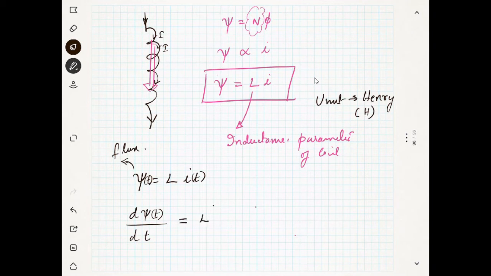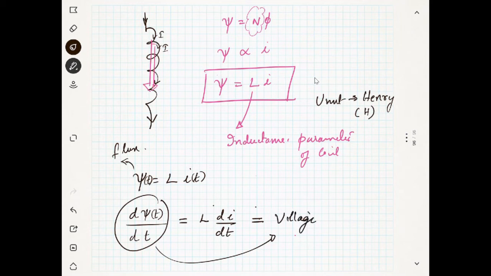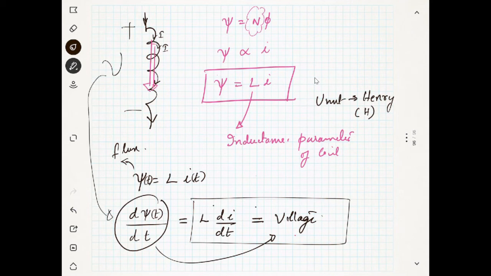You can write it like this: L into di by dt, right? So this rate of change of flux, the amount of flux changing in unit time, we will call the voltage. So the voltage induced across the inductance is nothing but the rate of change of flux. You can experimentally determine this fact.